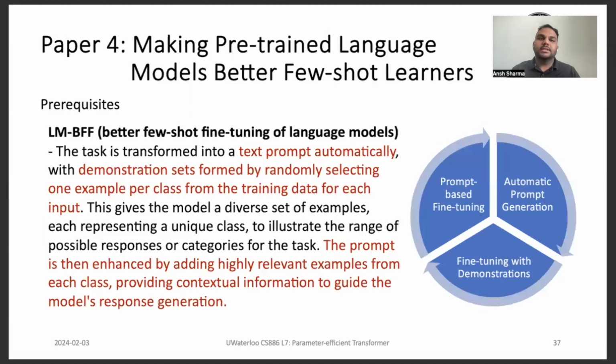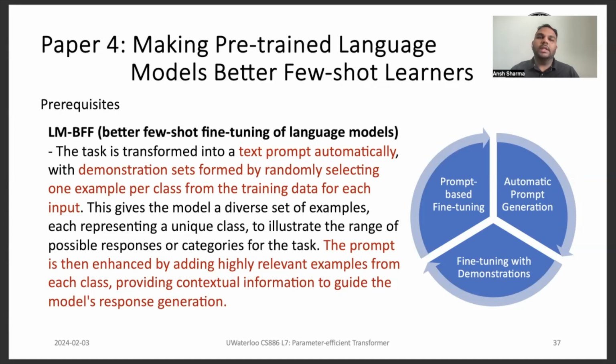Paper 4 is Making Pre-trained Language Models Better Few-shot Learners. This paper builds on the previous paper we discussed and introduces LM-BFF, a better few-shot fine-tuning of language models approach. It's a three-step process which involves taking the new task and automatically converting it into a prompt.